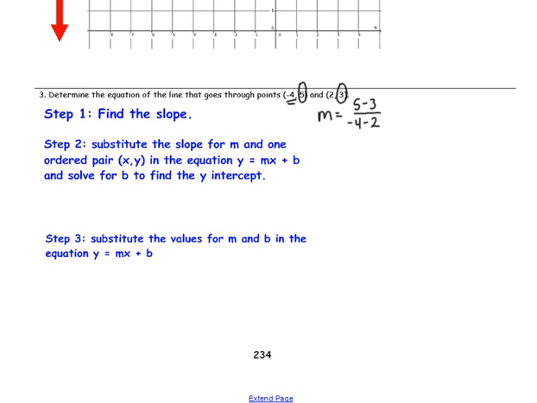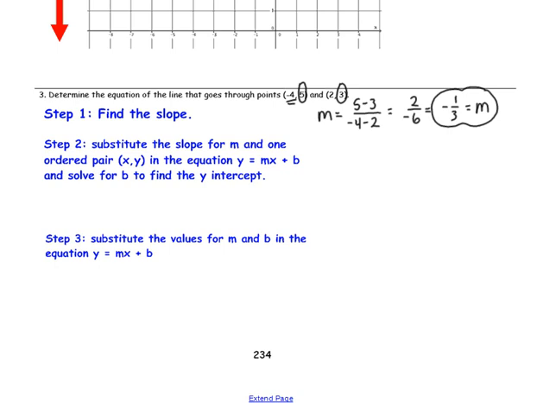This gives us 5 minus 3 over -4 minus 2. Simplifying, 5 minus 3 is 2, -4 minus 2 is -6. This simplifies to -1/3, and this is the slope of our line.